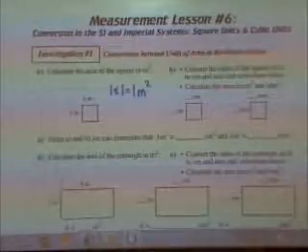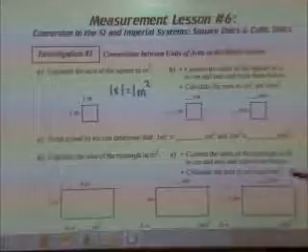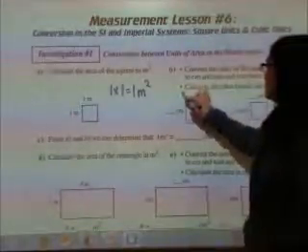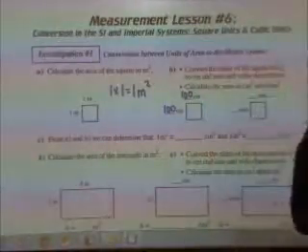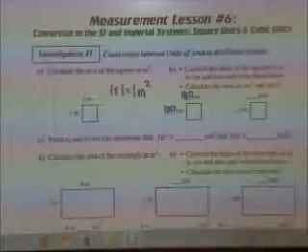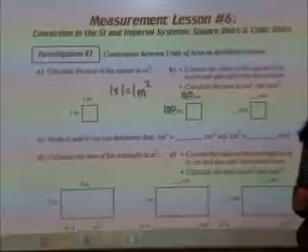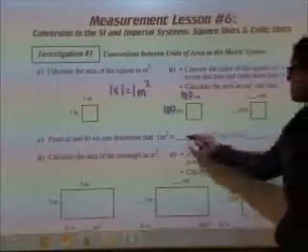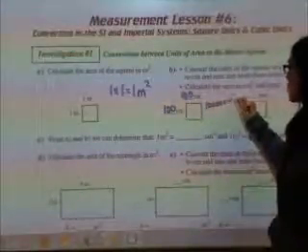Suppose we were to calculate that same square in centimeters. How many centimeters in a meter? So what would be the area of that square in square centimeters? So 10,000 square centimeters.